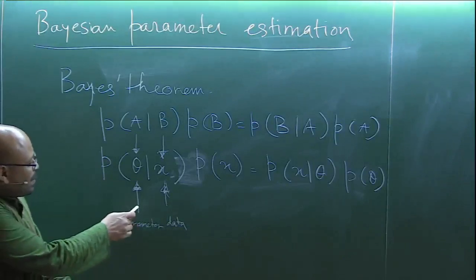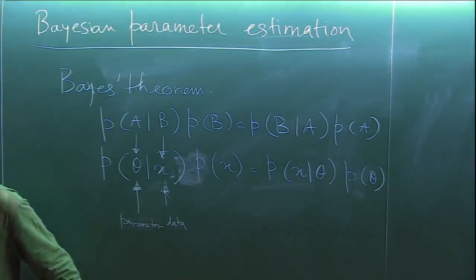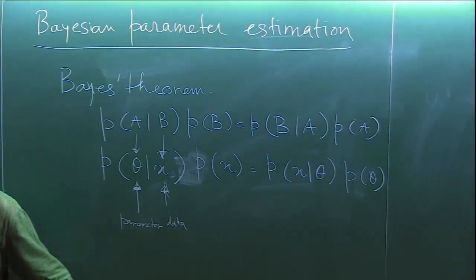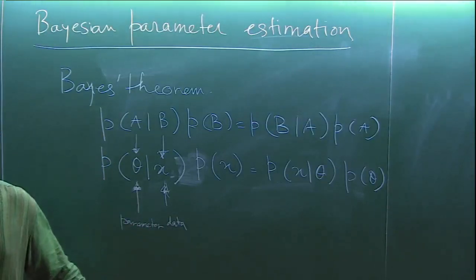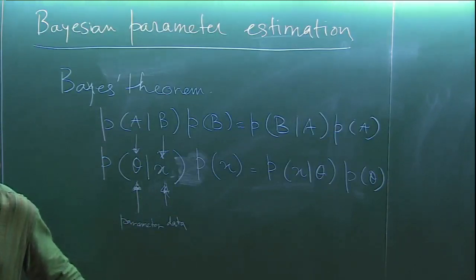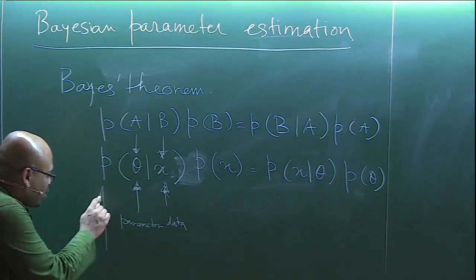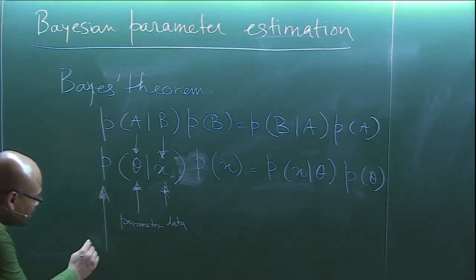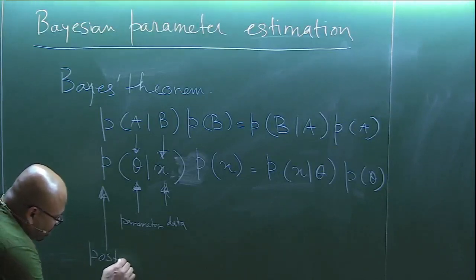So the probability of the parameter given the data, since this is conditional on the data, is called the posterior probability.